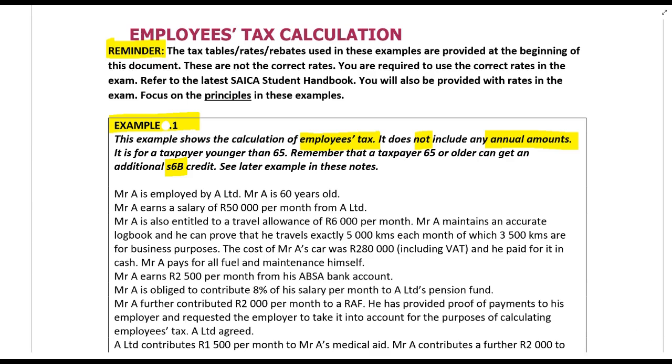If this taxpayer earns income from another employer, then that other employer will have to do the tax calculation on that remuneration they pay. So if you, for example, work for employer A and employer B, employer A can only calculate employees' tax on what employer A pays you, and employer B can only calculate the tax on what employer B pays you. Not that it's very common to see that in exams, but let's see what to do.